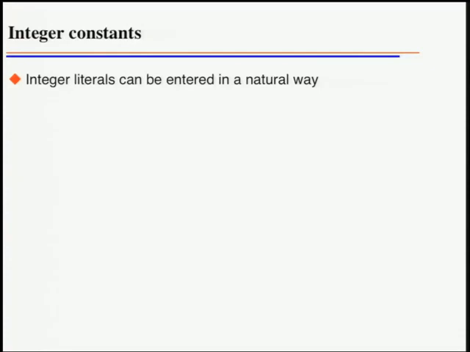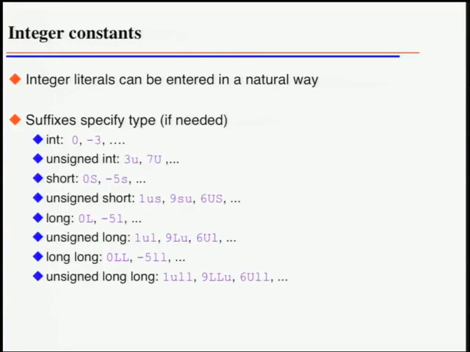Right. So in your code, if you want to include some number, you can very naturally input this number. If you want a 0, you write a 0. A number without a decimal point usually gives you an integer. So 0 and minus 3 would both be integer constants with a sign bit.